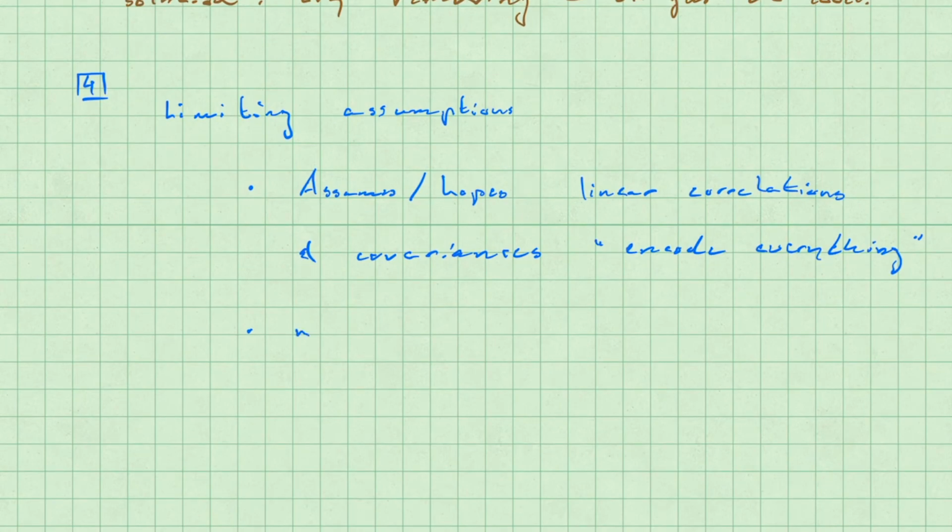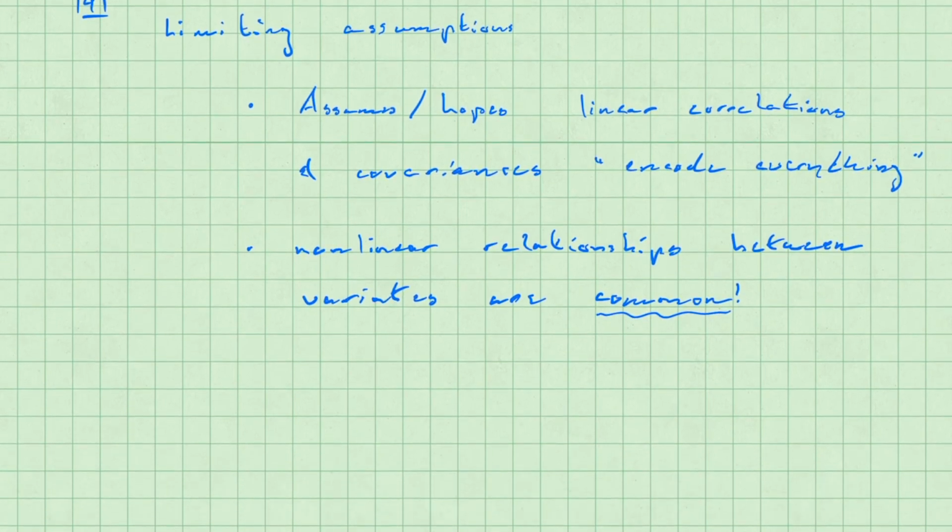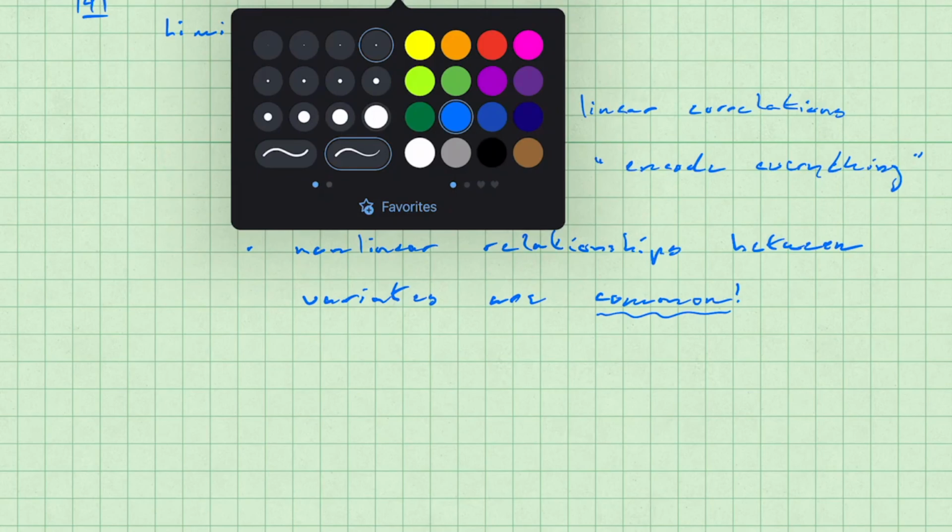And so we'll just say that nonlinear relationships between the variates might really be there, and they won't really register. These are actually really common.